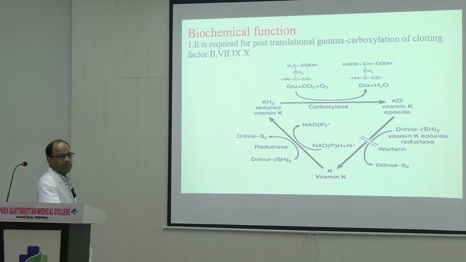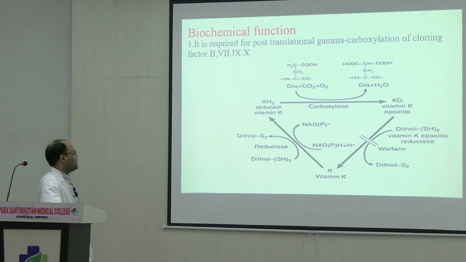Warfarin and dicumarol, as I told earlier, prevent this enzyme. Then the quinone is converted into reduced form vitamin K by a reductase enzyme, and it requires NADPH. So this is the vitamin K cycle. You have to remember this.